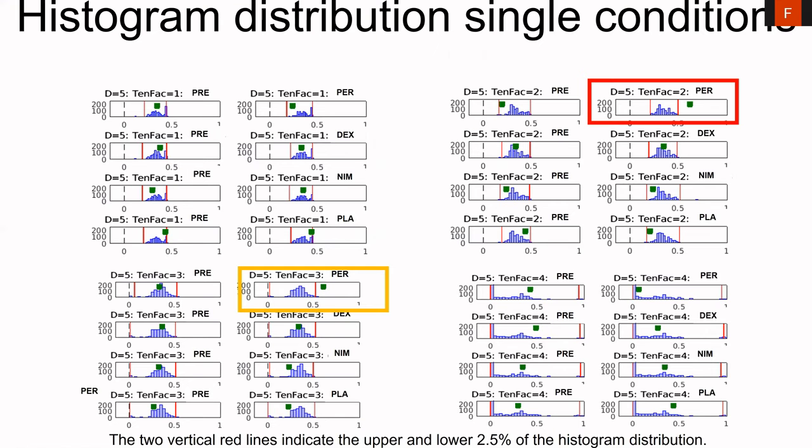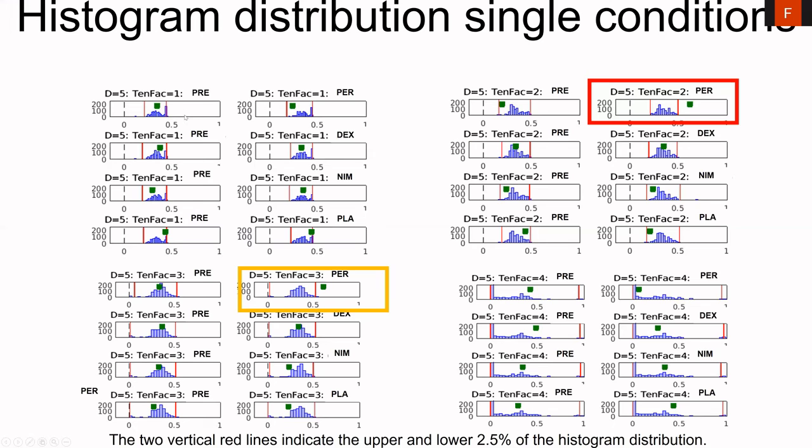And these are the results. The strength of each shuffled information is shown in the histograms, and the green dot is where our master component places. Then the dimension is 5. These are results for the tensor component number 1. This is for tensor number 2, number 3, number 4.